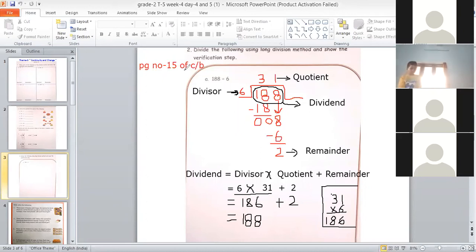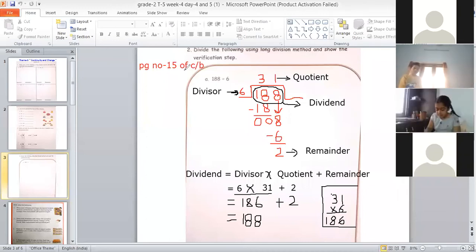Yes, Bilvika? Finished, ma'am. Okay. Yes, Krishika, please unmute yourself. Completed, ma'am. Okay, fine. Those who have completed, please take out your math notebook, write date and classwork in your math notebook. Today's date is 5th of February. And you have to open your math textbook also.